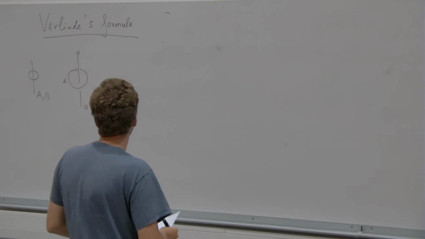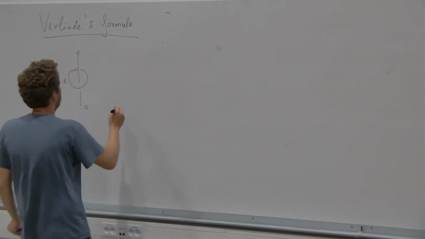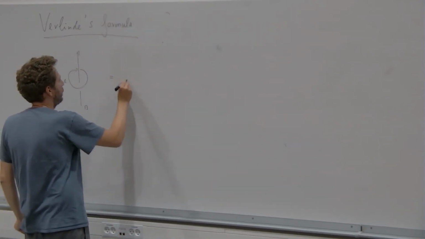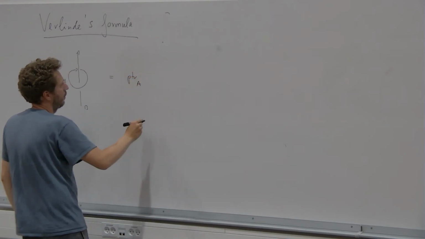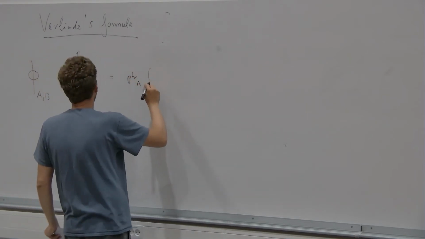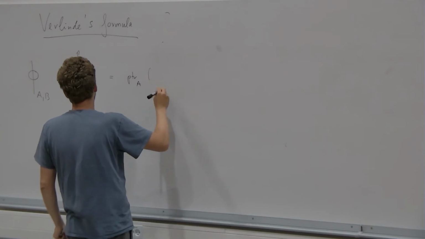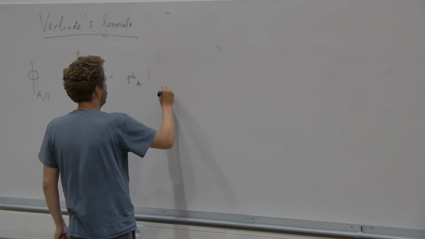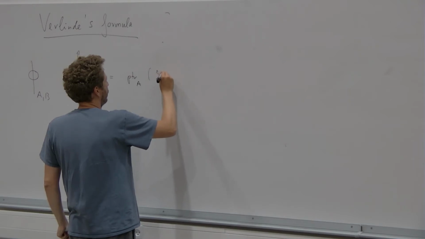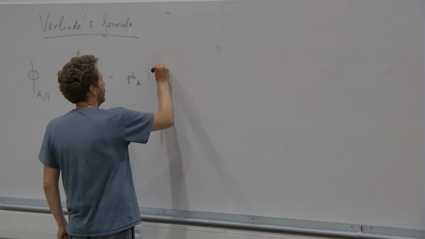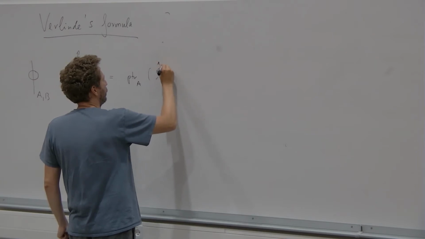So in formulas, this would be the partial trace, the trace on the factor A of the double braiding. This means you have a first braiding and then composed with another one.